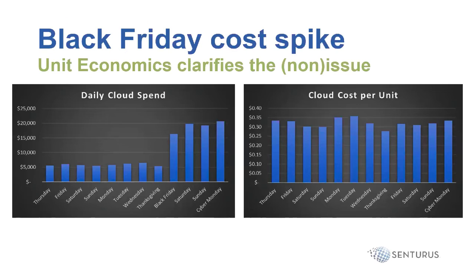So when I'm looking at that same cost data in the context of unit economics, Cyber Monday actually is well in line. The whole weekend is in line with my regular cloud costs. So having access to this data in a near real-time fashion really helps you better understand the health of your business and how various aspects of it are performing.